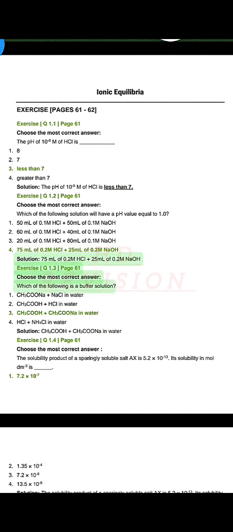Solution. 75 ml of 0.2 M HCl plus 25 ml of 0.2 M NaOH.